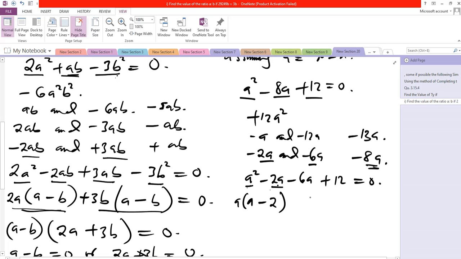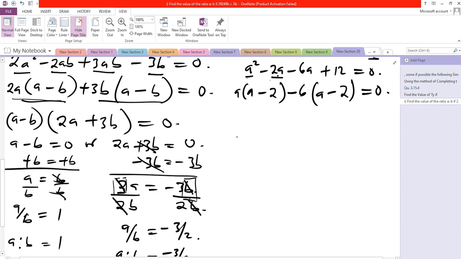The common term I can see here is minus 6. So using minus 6, if you divide minus 6a by minus 6, you have a. If you divide plus 12 by minus 6, you have minus 2, all equal to 0.